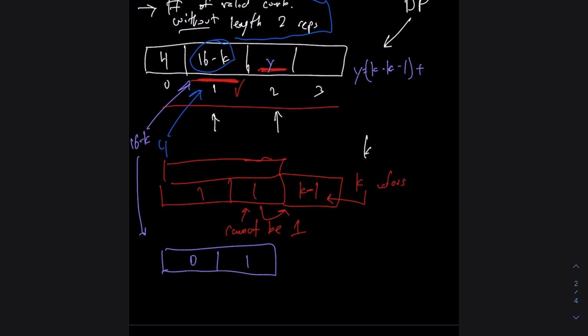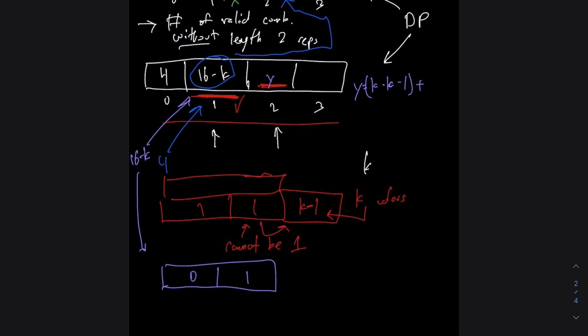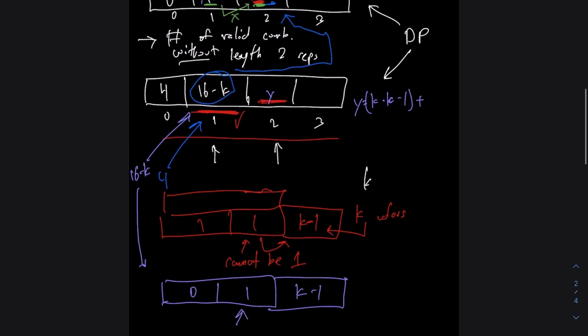And these can contribute to the number of valid combinations without length 2 repetition at the end as well. So this can contribute in the same manner as the previous one. It can just be k minus 1 different colors over here. It just needs to be different from the previous number. So we just take this 16 minus k and we multiply it by k minus 1 as well.